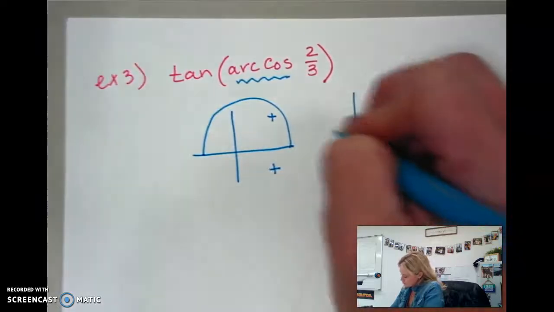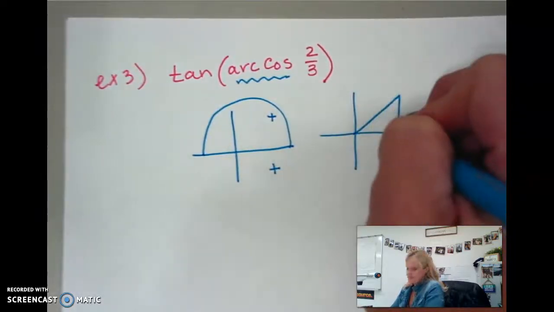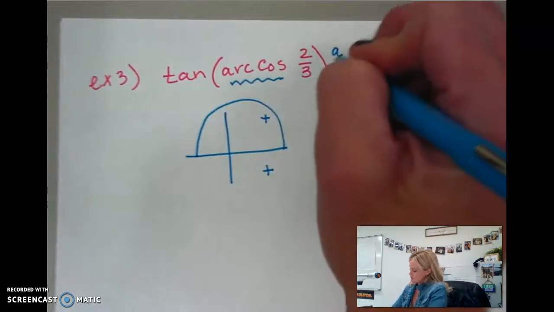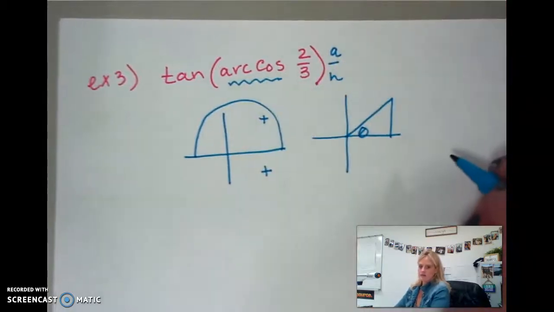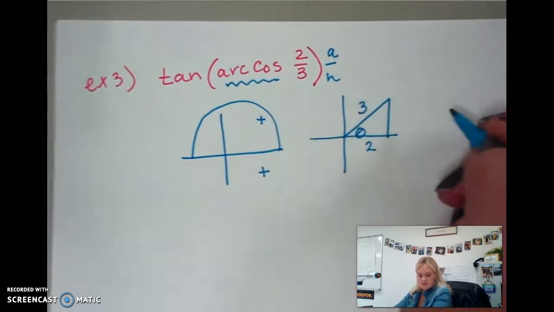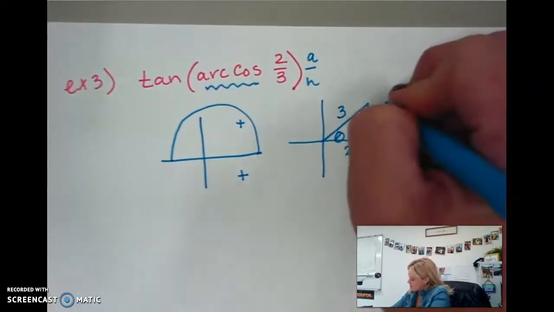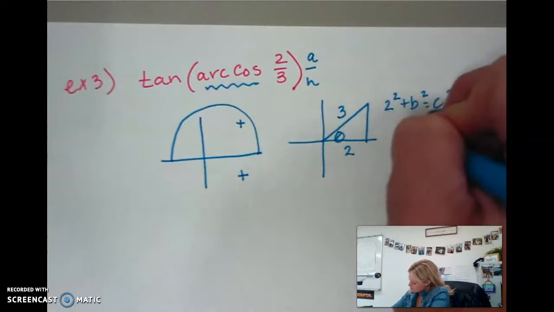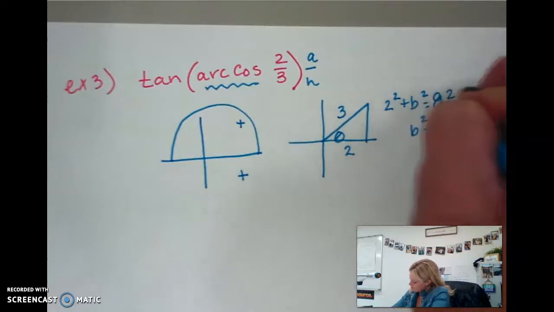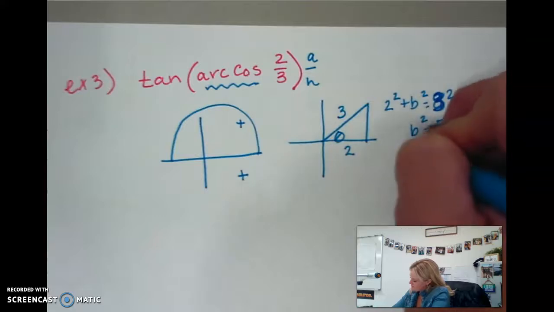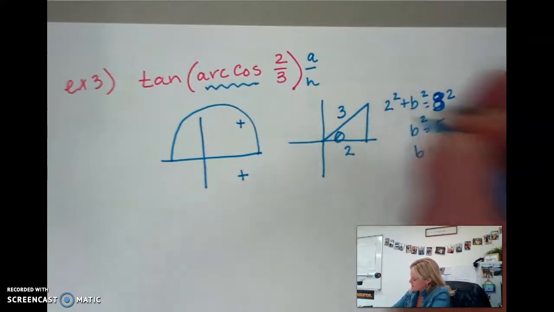So I am going to create my triangle in quadrant 1, and there is theta. Cosine is adjacent over hypotenuse, so the adjacent is 2, the hypotenuse is 3, and now a squared plus b squared equals c squared. b squared equals 9 minus 4, which is 5, and b is the square root of 5.